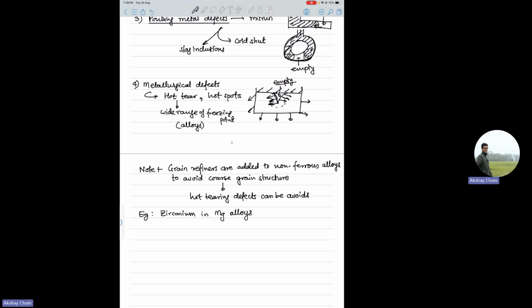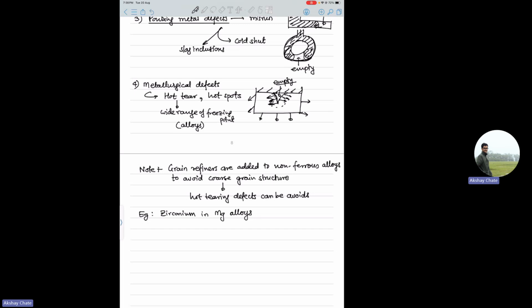So the answer should be that. But as a consequence, when you have a finer grain structure, your cooling is happening faster, and that will avoid hot tearing effects or shrinkage defects. So I think the correct answer is formation of coarse grain structures.